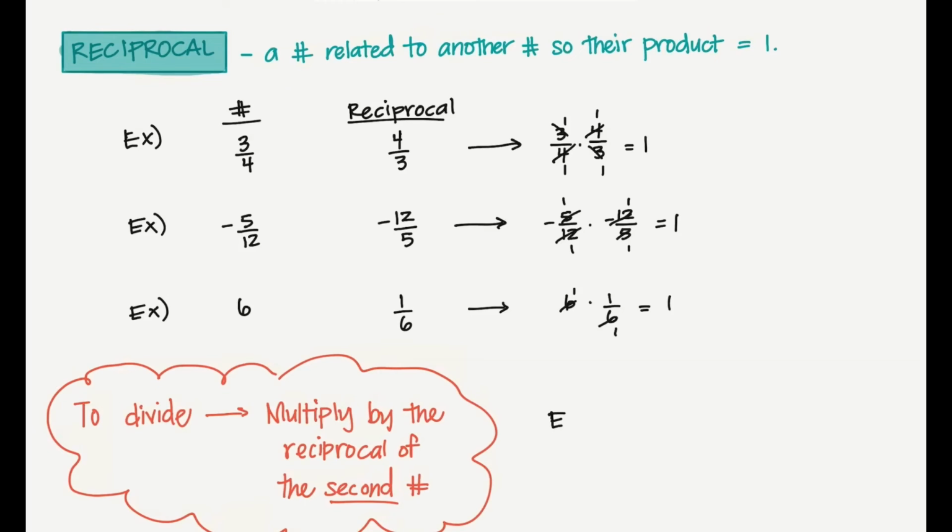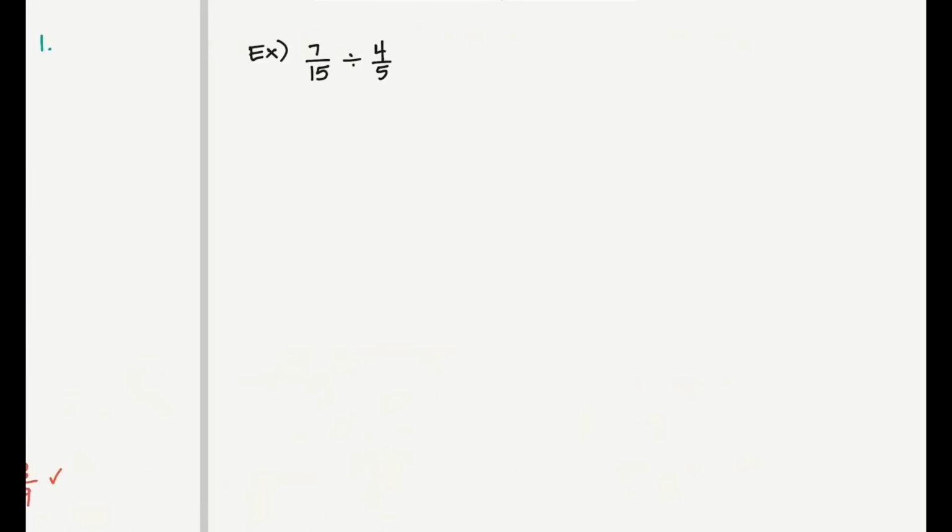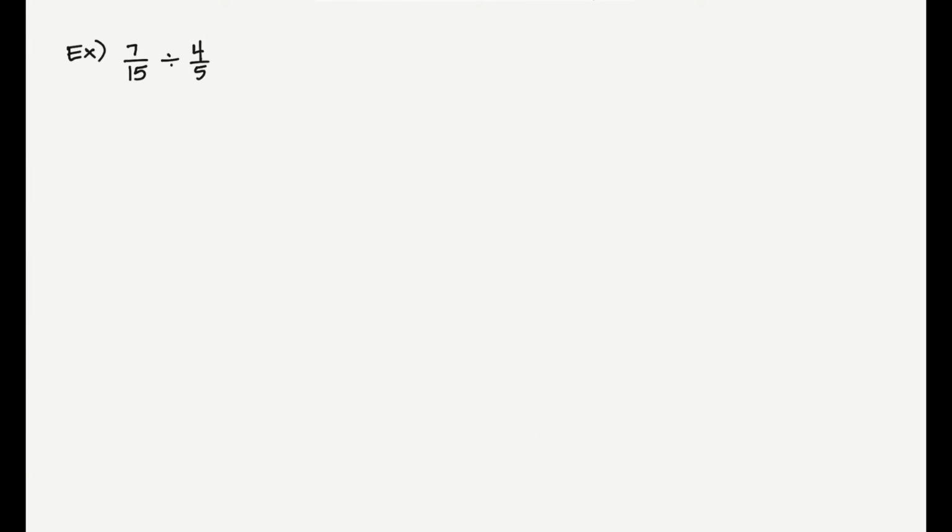So for instance, if I have, let's say 4/5, and I'm going to divide it by 9/10, that really is the same as 4/5 times the reciprocal, 10 over 9. Okay, and then I can do some cross canceling, make it easier, and my final answer then is going to be 8/9. Okay, so just in that one step, you turn it from a division problem to a multiplication problem.